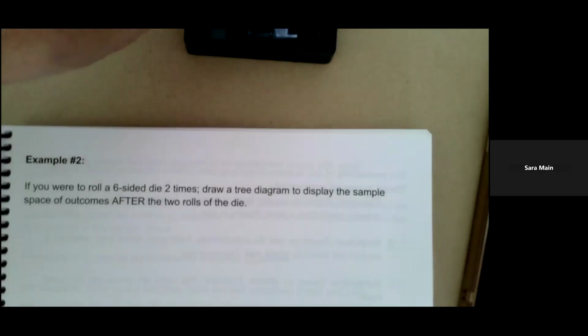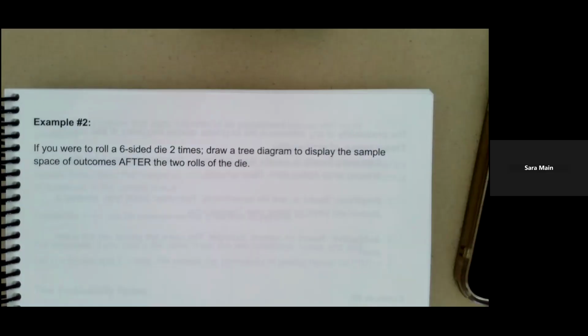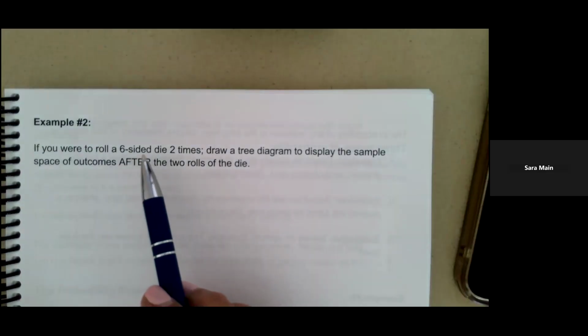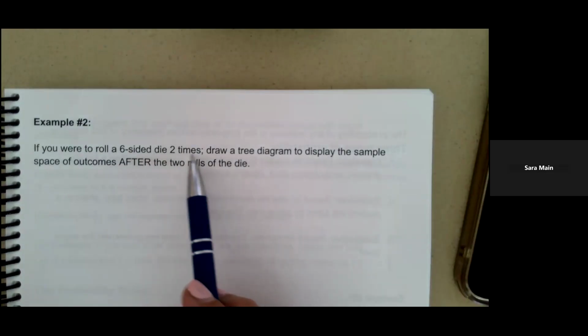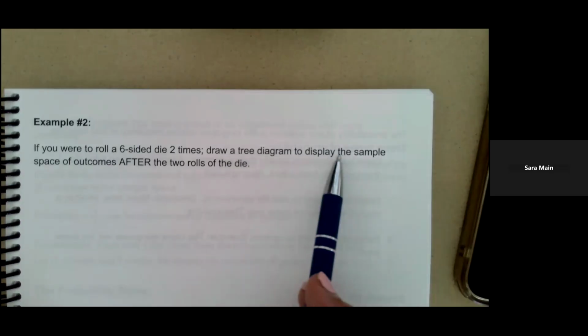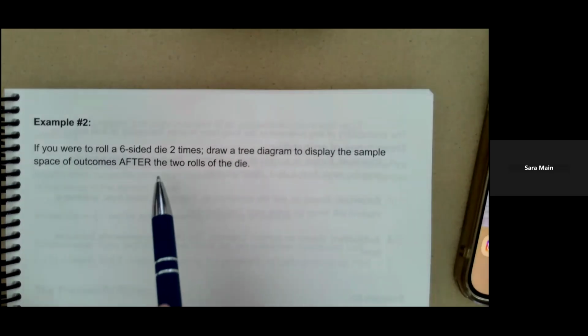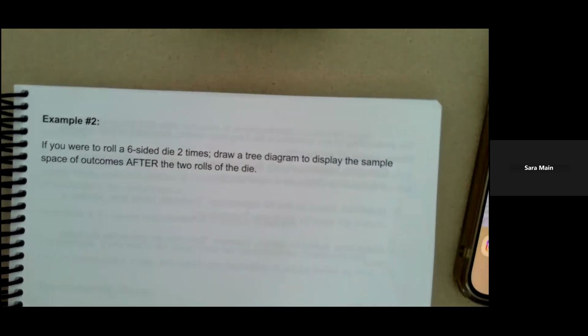So let's do example 2 together. It says, if you were to roll a 6-sided die 2 times, draw a tree diagram to display the sample space of outcomes after the 2 rolls of the die.